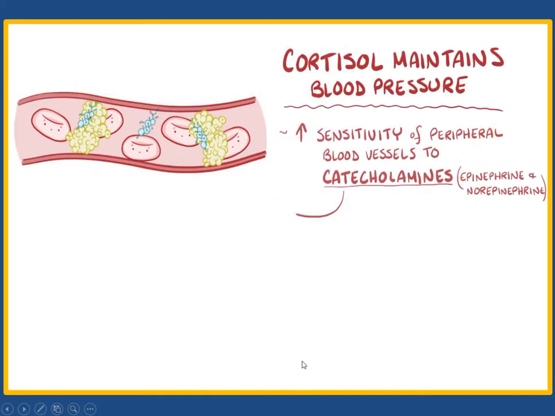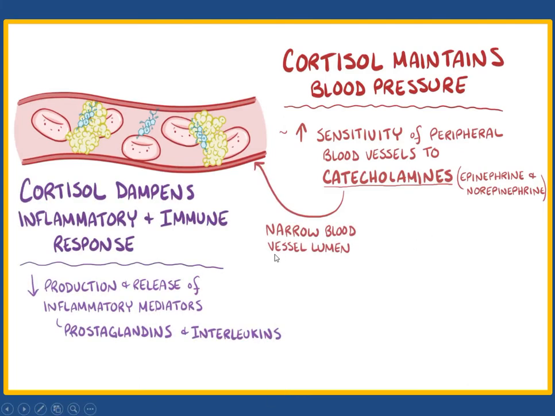Cortisol maintains blood pressure because it increases the sensitivity of peripheral blood vessels to the catecholamines, epinephrine and norepinephrine, resulting in narrowed blood vessel lumen. Cortisol also dampens inflammatory and immune response and reduces production and release of inflammatory mediators.